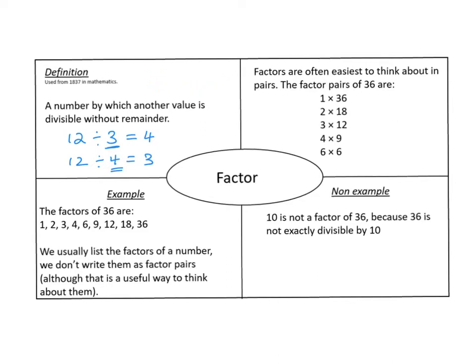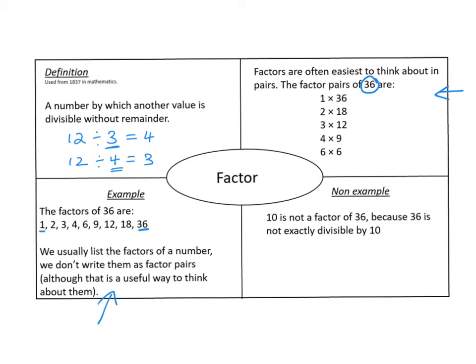However, if we look at this box next, often it's a bit easier to think about factors in pairs and to think about them as what multiplies to get a whole number. So 1 times 36 is 36. So 1 and 36 are factors of 36.